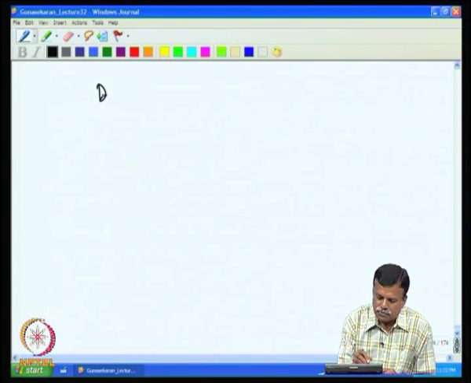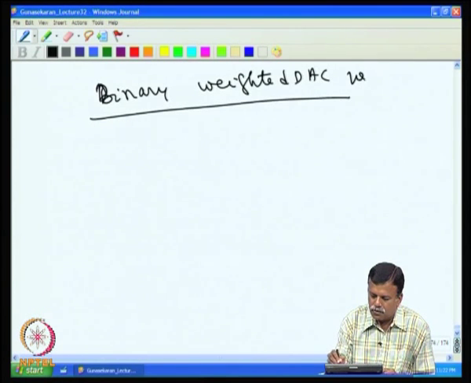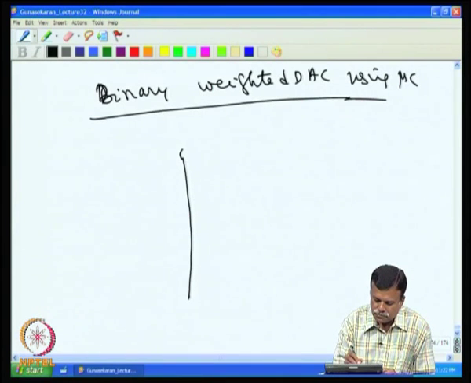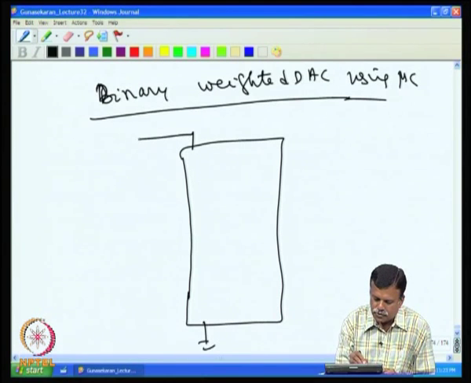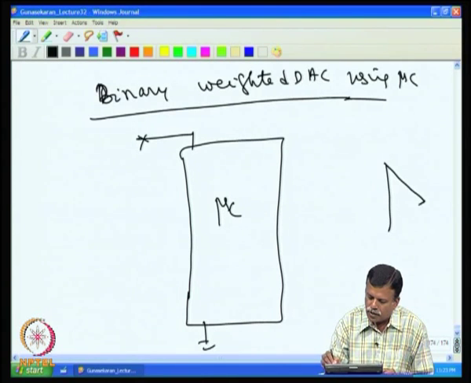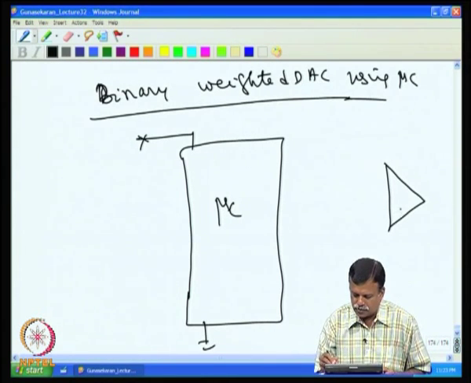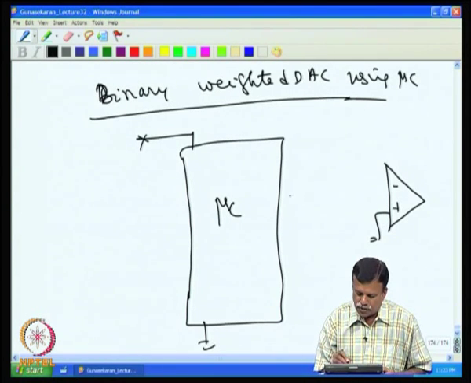So, a binary weighted DAC using a microcontroller. For example, if you have a microcontroller, I can have a binary weighted converter, with resistances connected to each one of them.